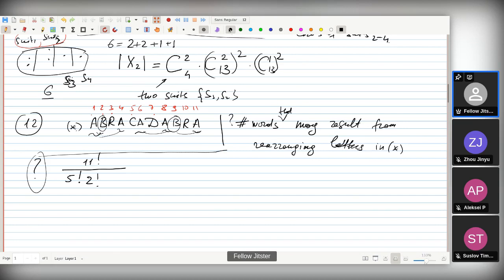What else? For R it is also 2. What about all the other letters? C and D have a unique occurrence, so we may divide by 1 factorial. So this is the proposed answer.